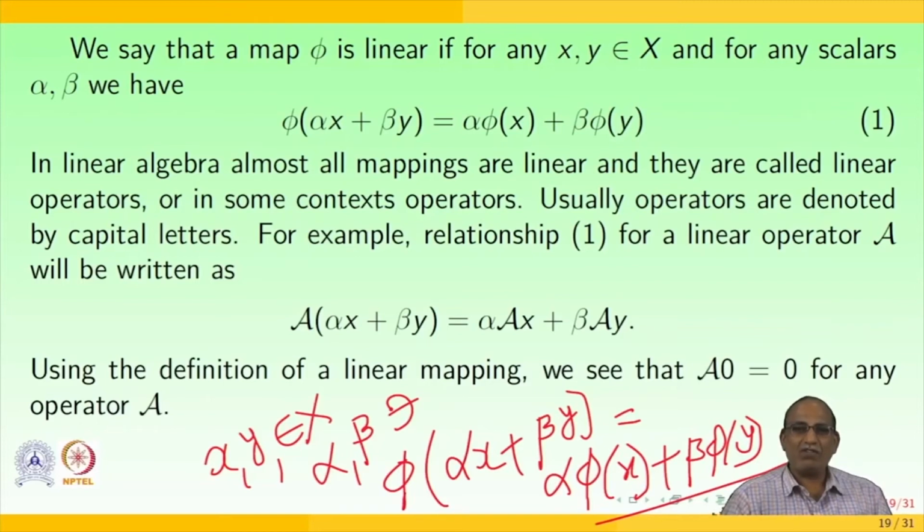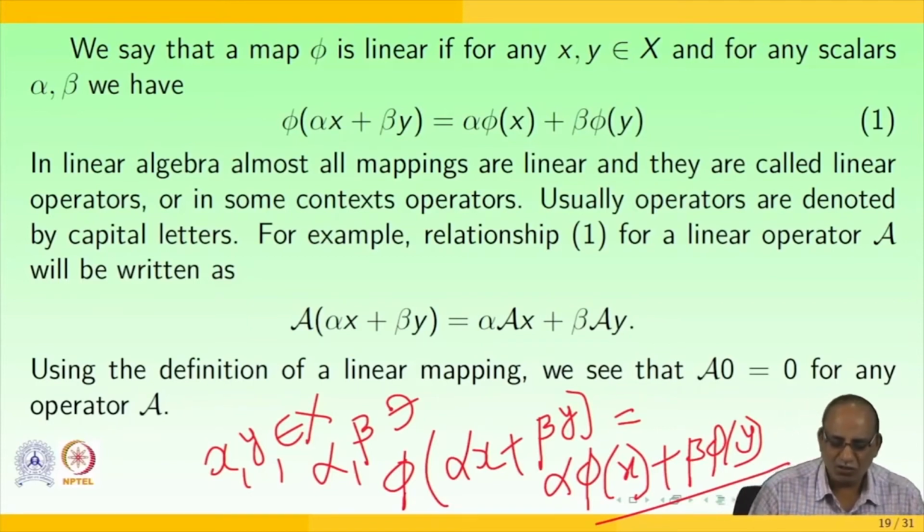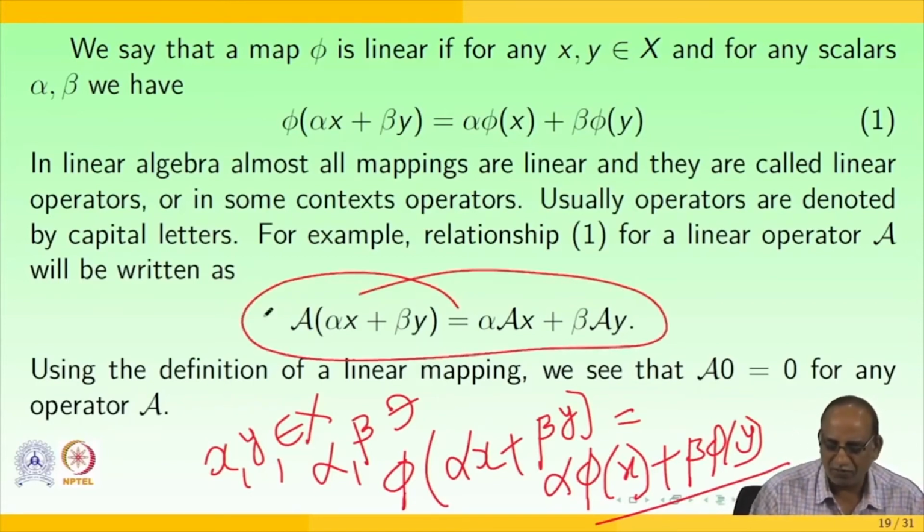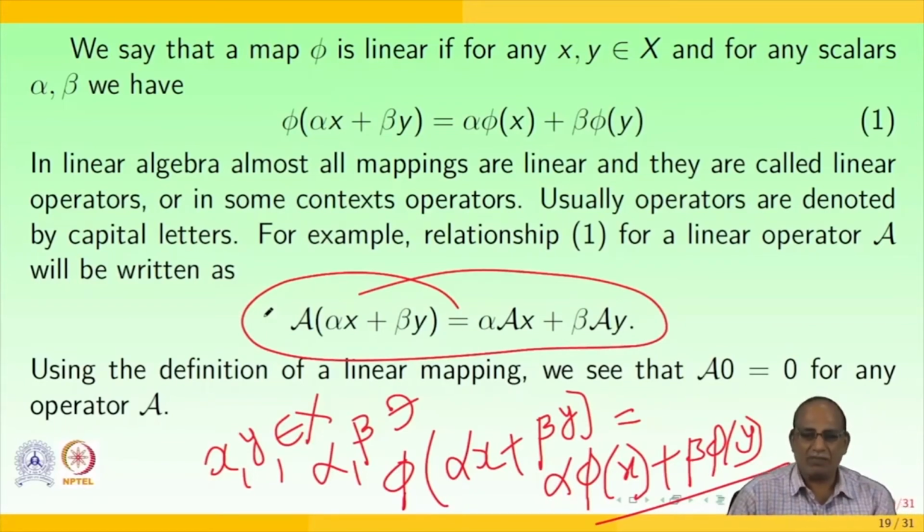In linear algebra, almost all mappings are linear and they are called linear operators, or in some contexts just operators. Usually operators are denoted by capital letters. For example, the relationship for a linear operator A will be written as A of alpha x plus beta y is equal to alpha times Ax plus beta times Ay.